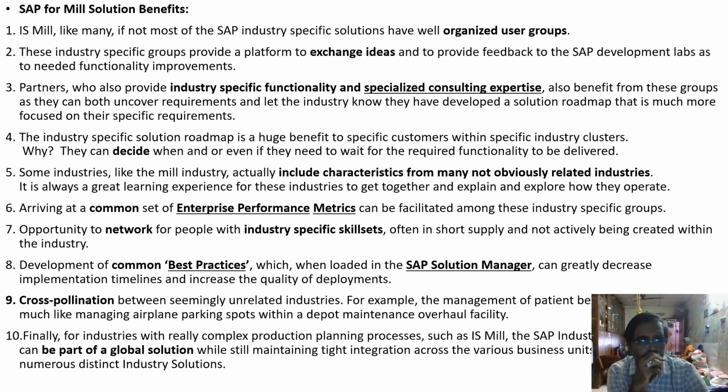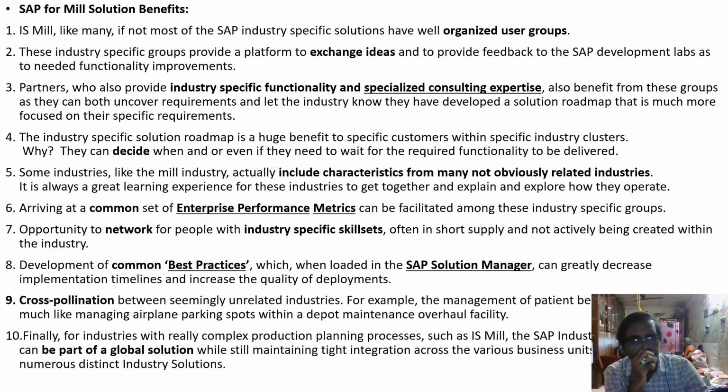And as a fifth point, some mill industries, like the pulp industry, include characteristics from many industries, not obviously related. It is an aggregate of all these processes. We have a lot of internal operations, so it takes from different industries. So it is always a great learning experience for these industries to get together and explore how they operate.